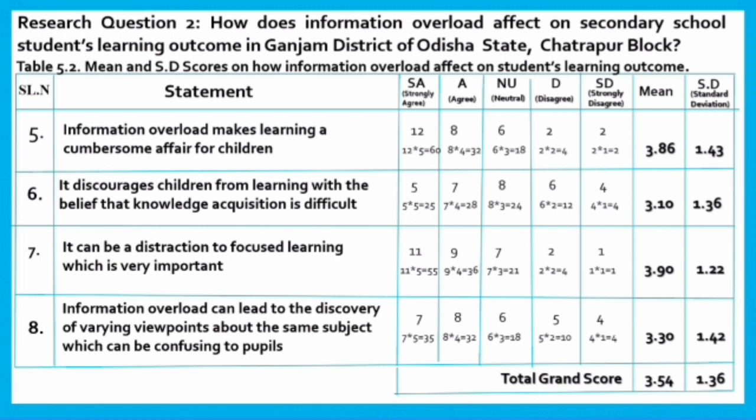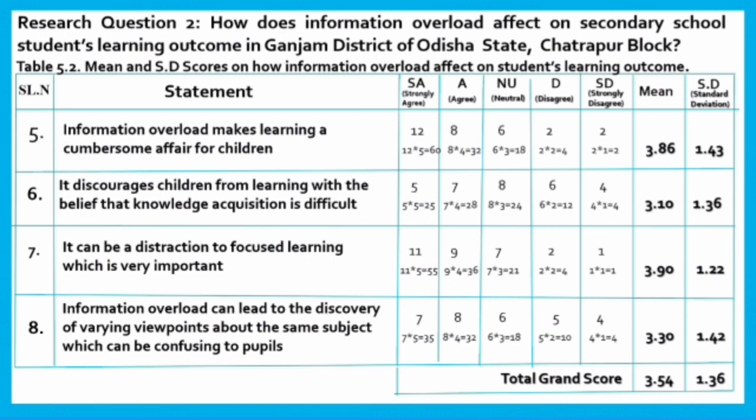Another statement is: it can be a distraction to focused learning, which is very important. Then: information overload can lead to the discovery of varying viewpoints about the same subject, which can be confusing to people. Using the Likert rating scale, the scores are analyzed.